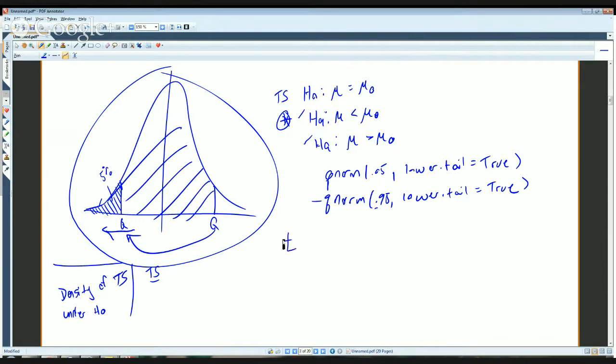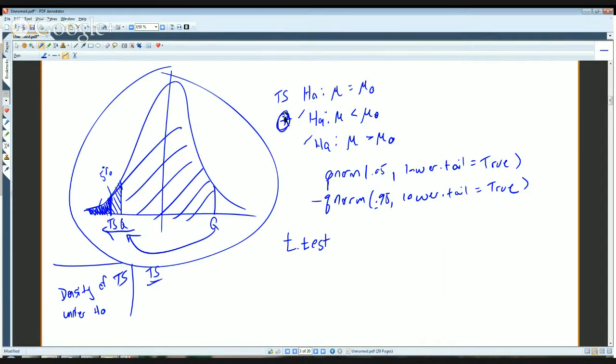Now, if you want to do something like t.test, one of the most useful functions in R, it does all of this for you. To do this test manually, you've got to create the test statistic and find the rejection region. Let me also remind you how you would calculate a p-value: you find the value of your test statistic, and if you're testing this hypothesis, you find the probability of being lower than it.